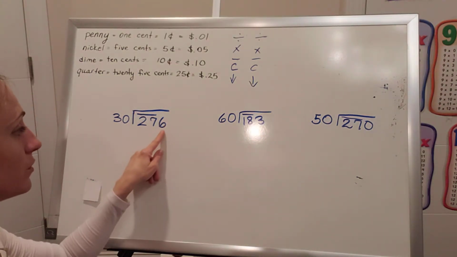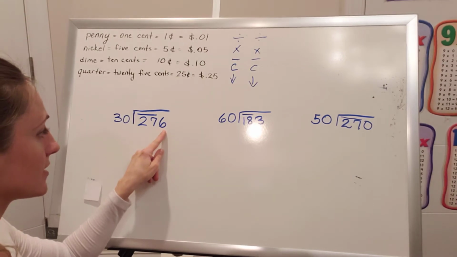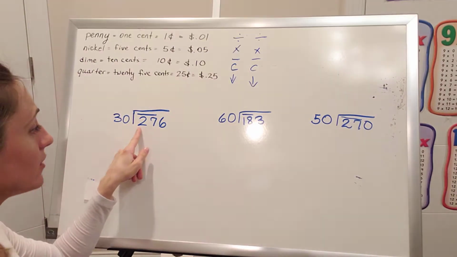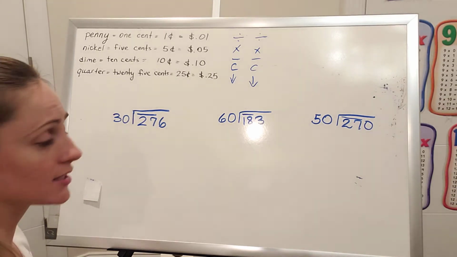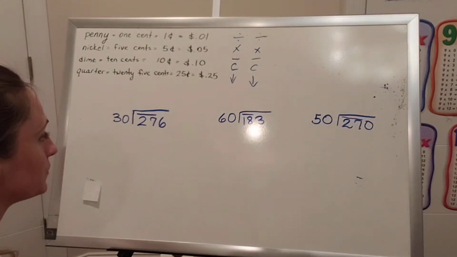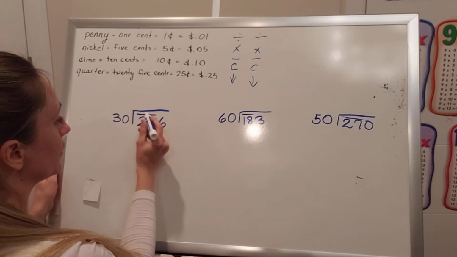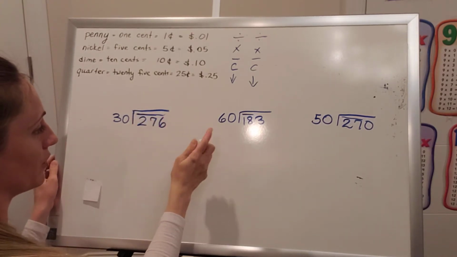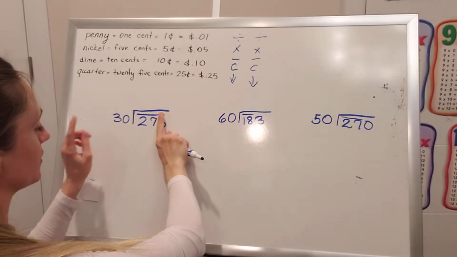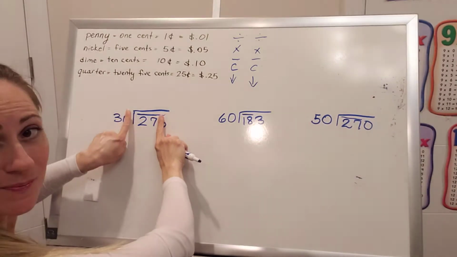So can we use 276 to divide by 30? That looks like it is big enough. There's definitely some 30s that'll fit into 276. So this is what you're going to do. You're going to use the entire 3 digits, and you're going to cover up the ones places.